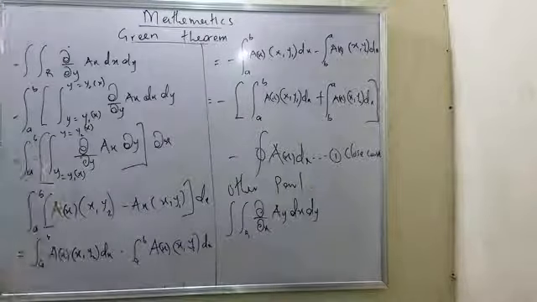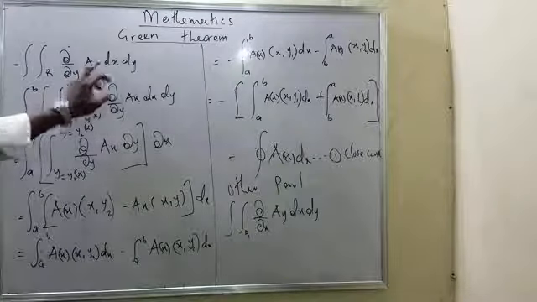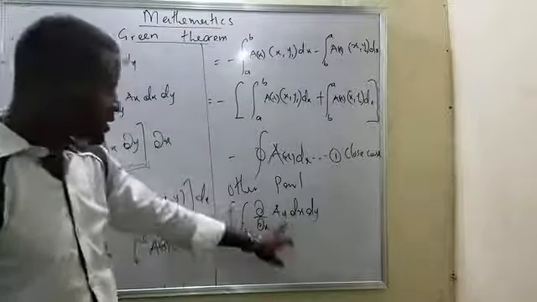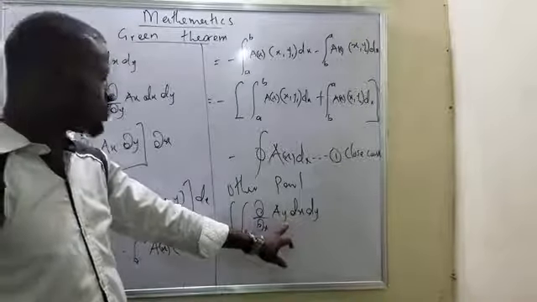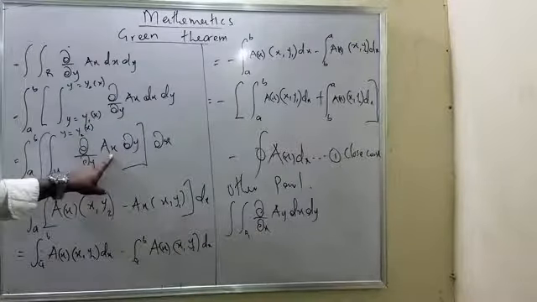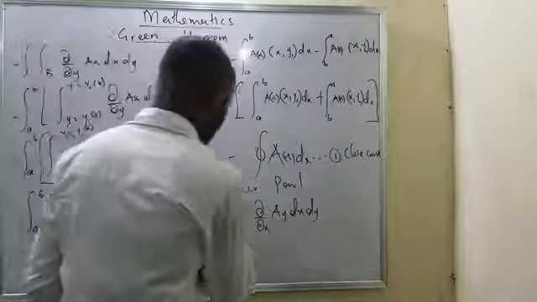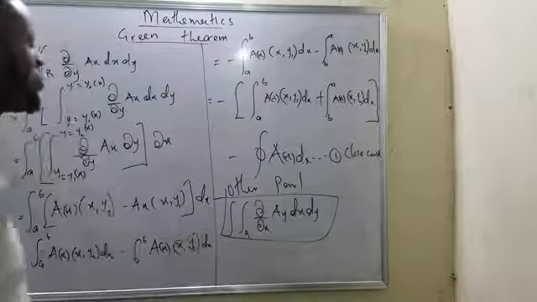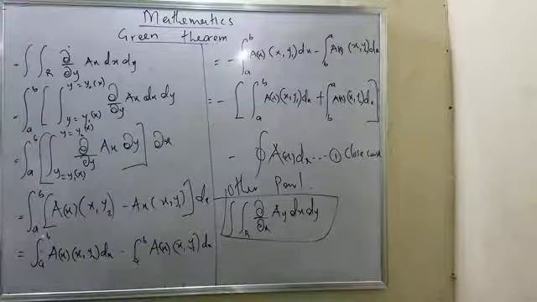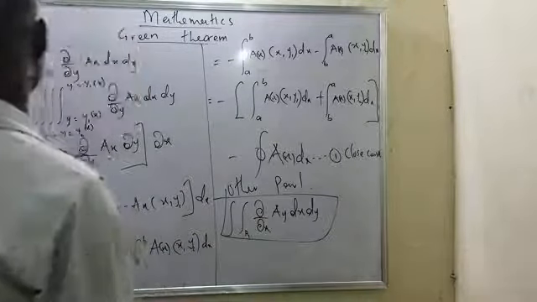Now, the first one was with respect to x. Now, I'm working on a function of what? This is a function of x. Now, this one is a function of y. I'm done with the function of x, and I'm moving on to the function of y.